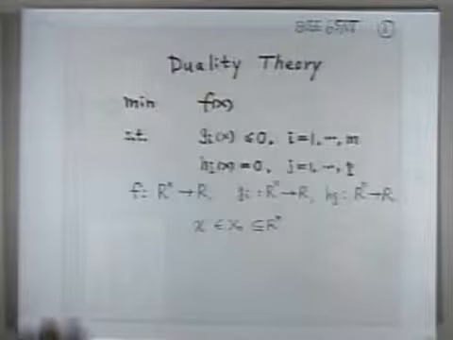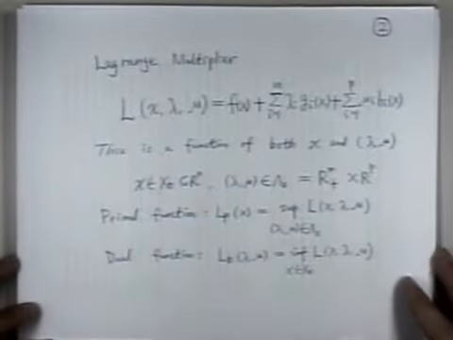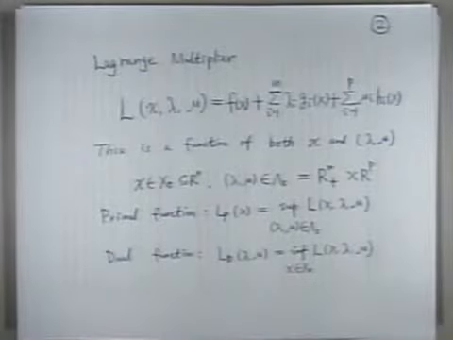By doing that, you're going to see some kind of functional like this, where vector lambda is the multiplier for the inequality constraint, and my multiplier mu is for the equality constraints.